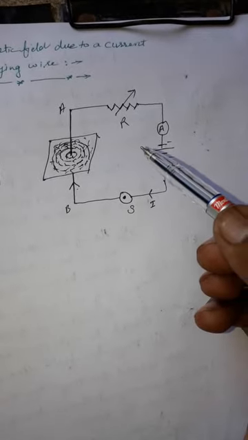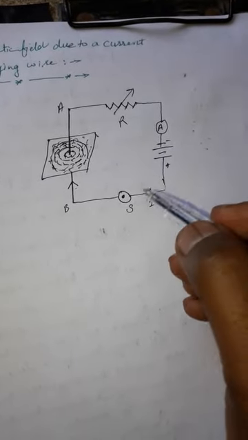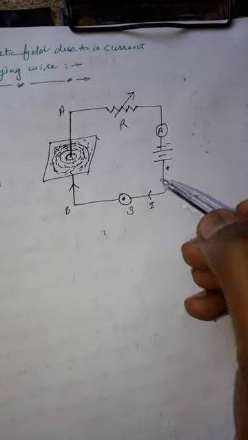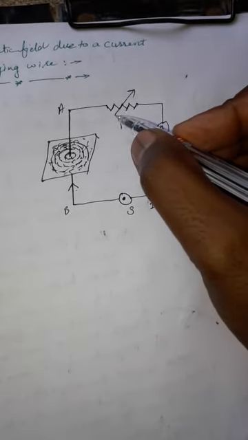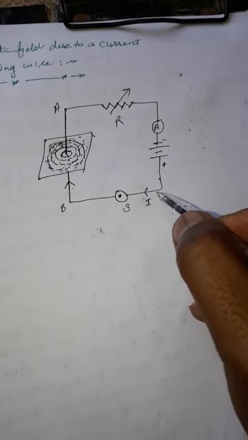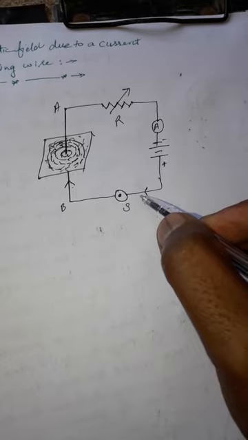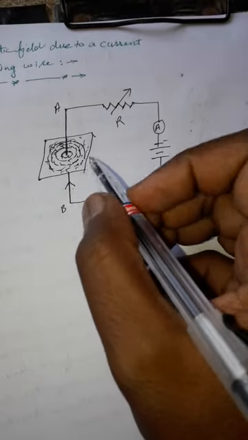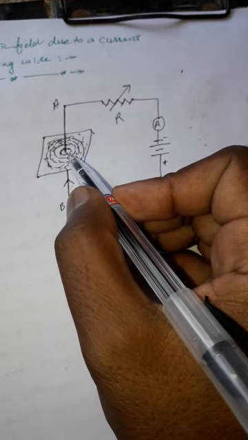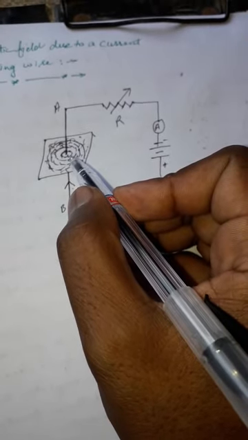Okay, the next one is what happens if the current is changed. Okay, now if we change the resistance, it means by increasing the resistance the current becomes low. Okay, so we observe that the magnetic field is very low. How can this be concluded?